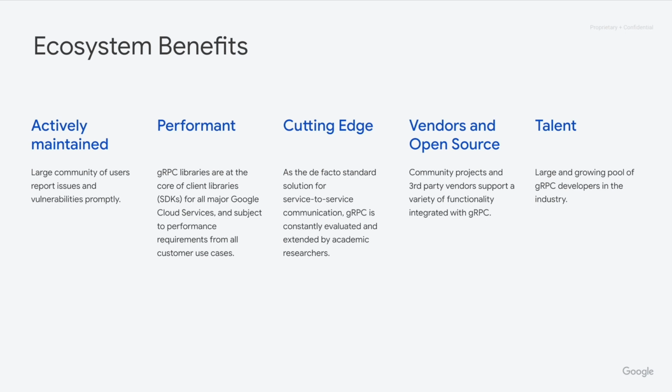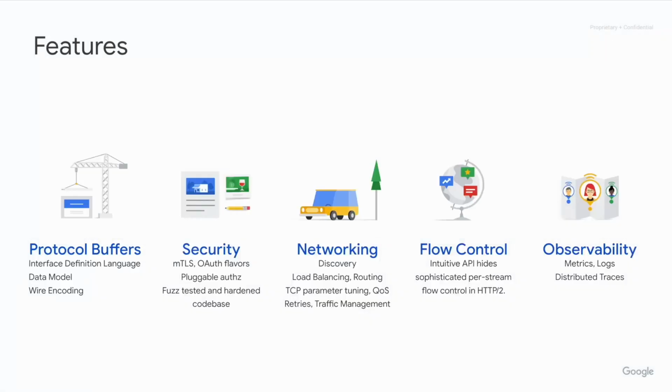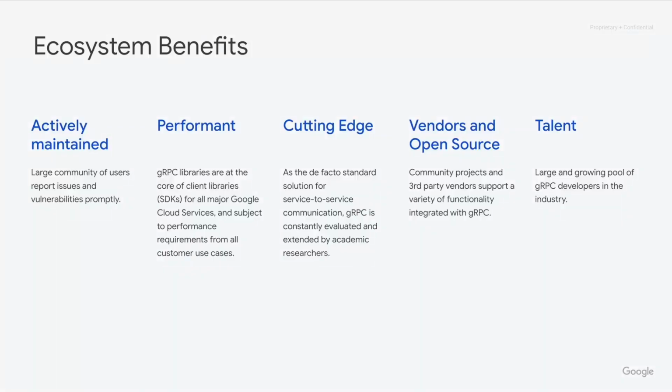Now, talking about how gRPC is cutting edge, researchers working on things like application networking or service mesh or distributed systems are increasingly using gRPC as the de facto reference platform.